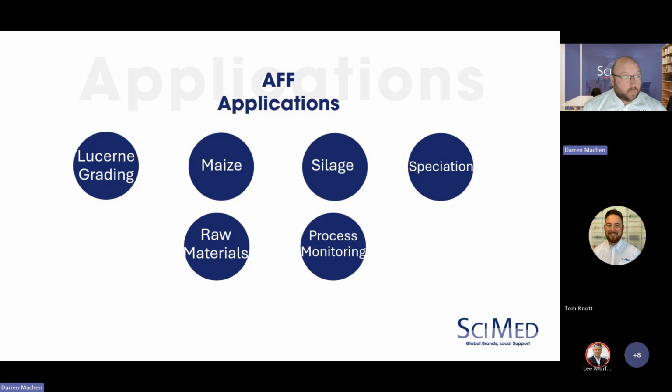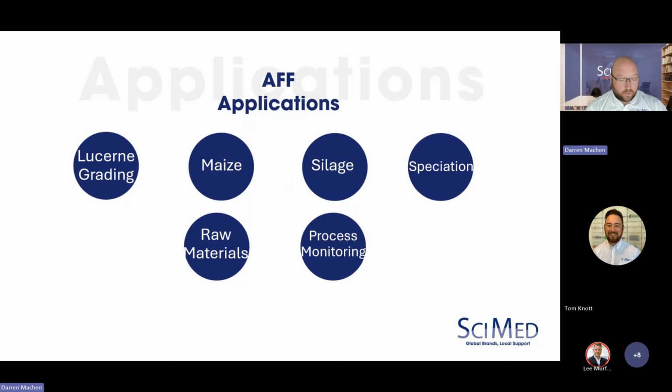So some of the applications that people use our systems for are Lucerne grading, looking at different maizes, silages, and looking at speciation. If you're keen to know the species, you can correlate against known species. But I also want to talk a little bit about where people take it further within the feed industry, looking at raw materials, in a warehouse or in a production environment, and on the back of that is also process monitoring.